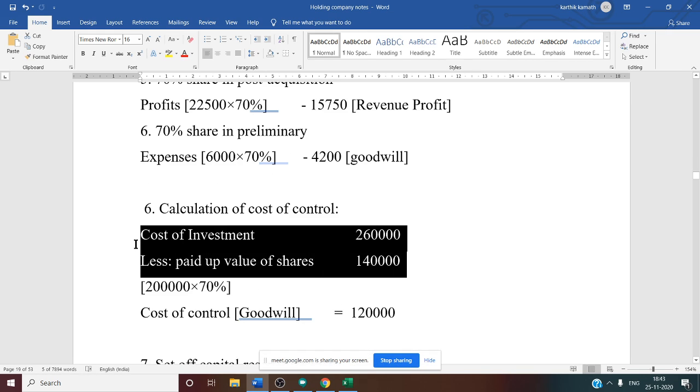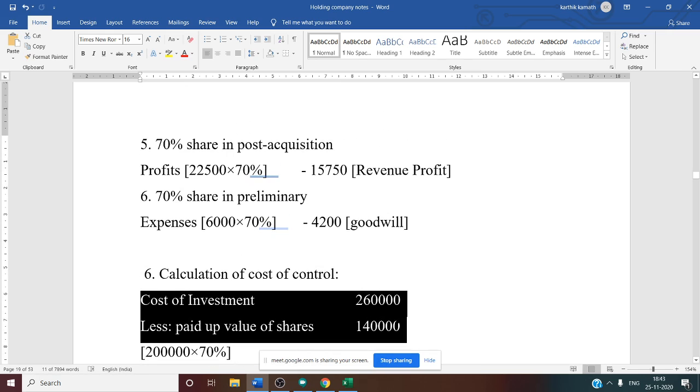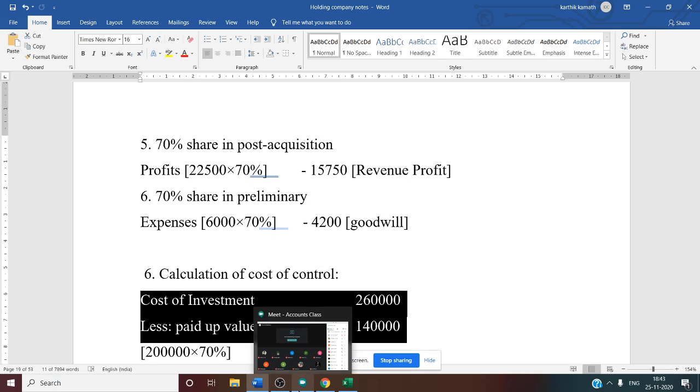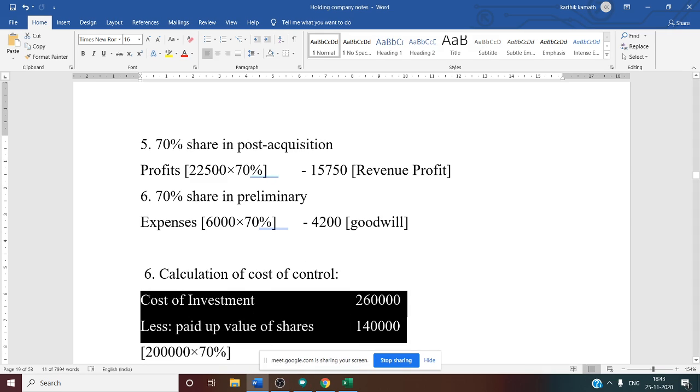If you compare these two, 2,60,000 and 1,40,000, the investment made by the holding company is more and the paid up value is less. Whenever this type of situation comes, we can easily say that there is goodwill. Why? Because here the holding company is paying an extra amount. The actual amount available in the subsidiary company is 1 lakh 40, but the holding company is paying 2 lakh 60.